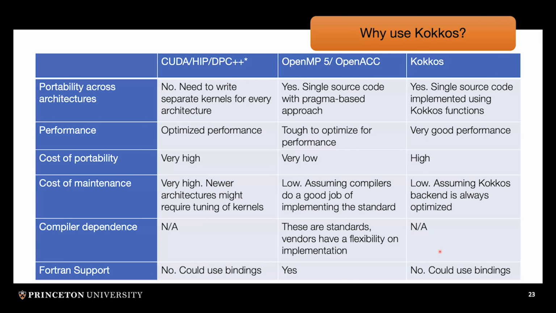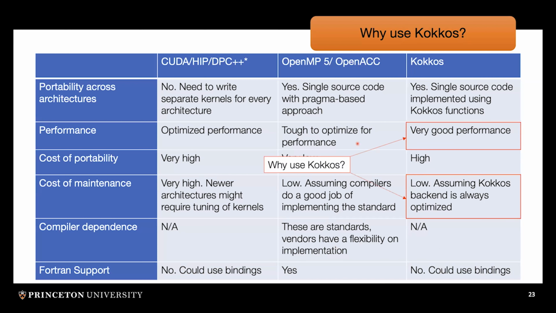Now, with all of this in mind, when would you use Kokkos? If the goal of your application is to achieve really good performance for all architectures while keeping the cost of maintenance very low for future architectures, that is where Kokkos shines.